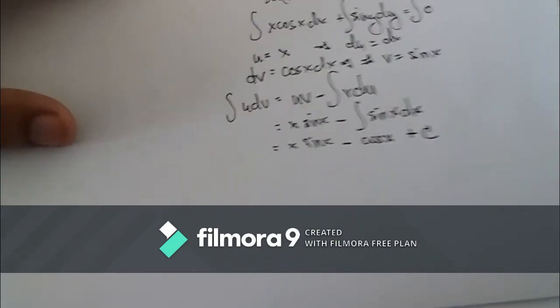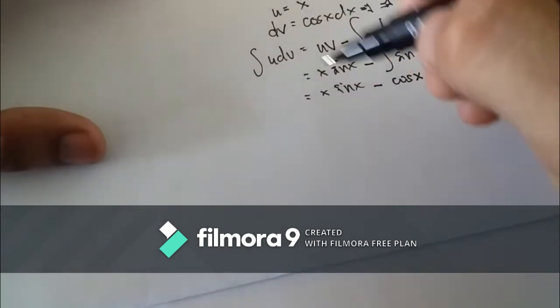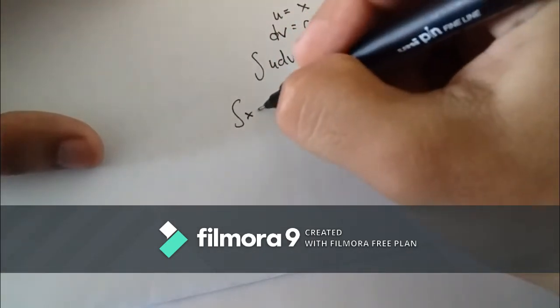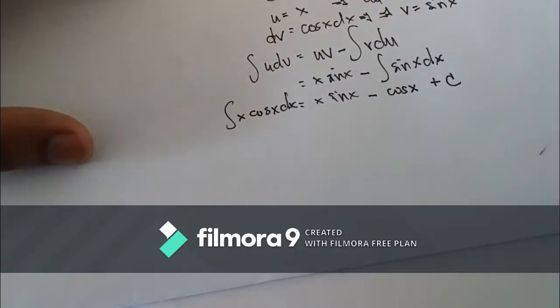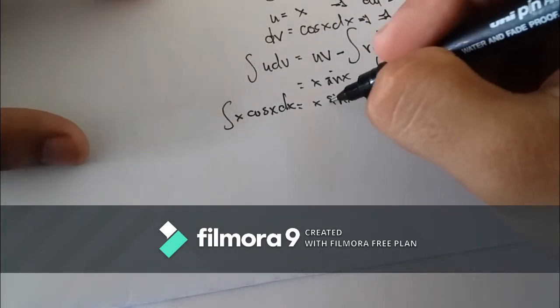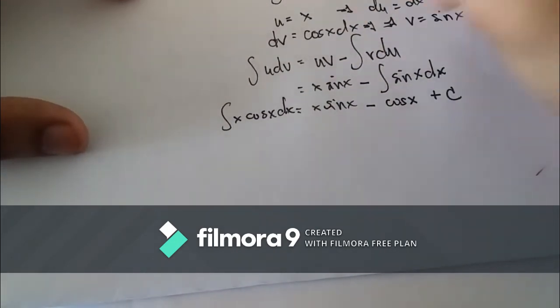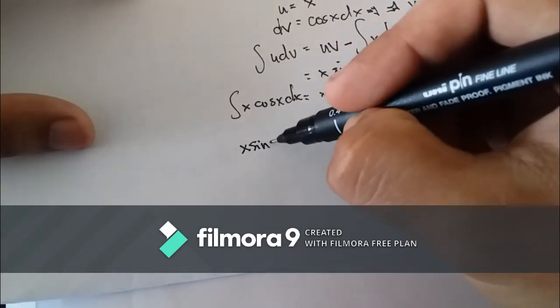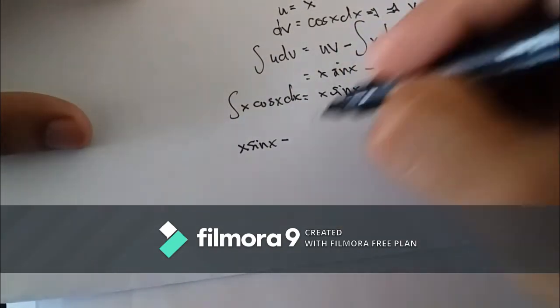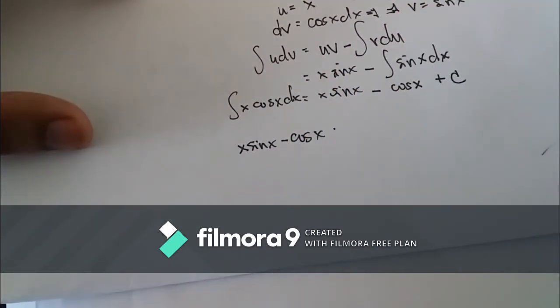Here we go. So the integral of x cos x dx is equal to x sine x plus cos x plus c. So we can write the first term here, x sine x plus cos x. We'll not put c.